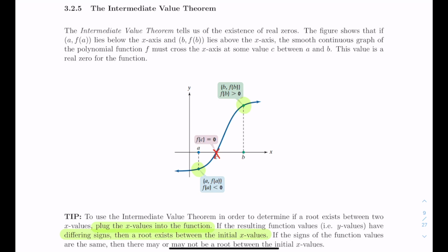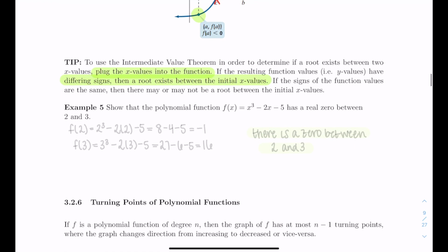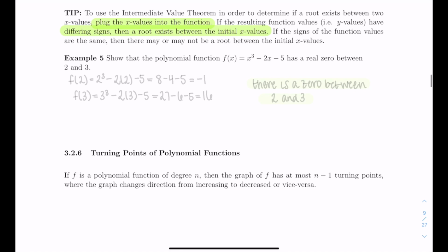So let's go ahead and show that the polynomial function x^3 - 2x - 5 has a real zero between 2 and 3. So what we want to do is plug in 2 and plug in 3 and see what the signs give us. We don't care about the number, we just care to see if one is positive and one is negative.